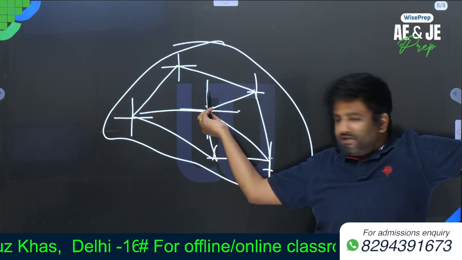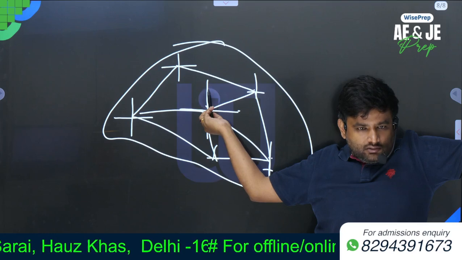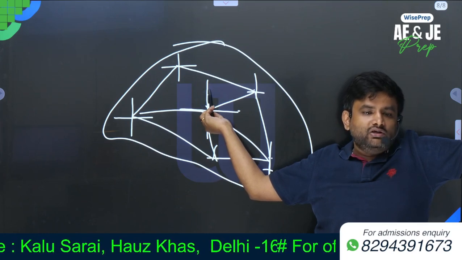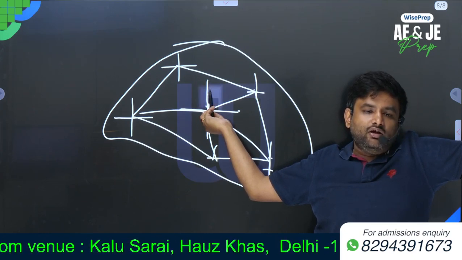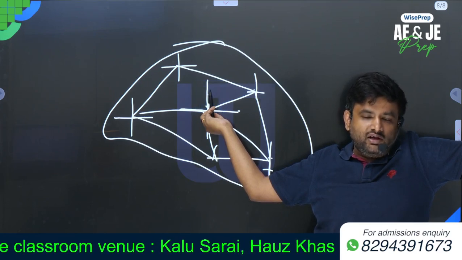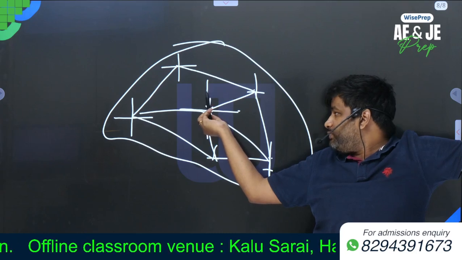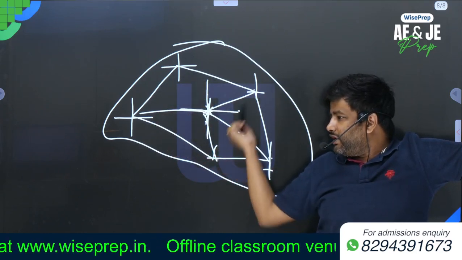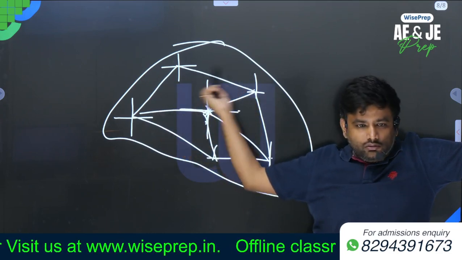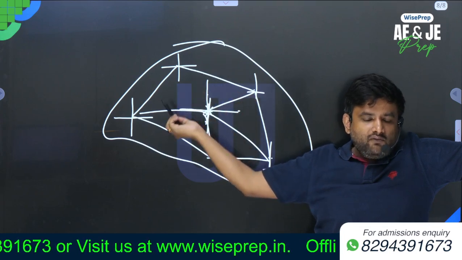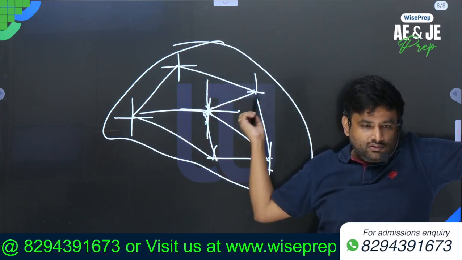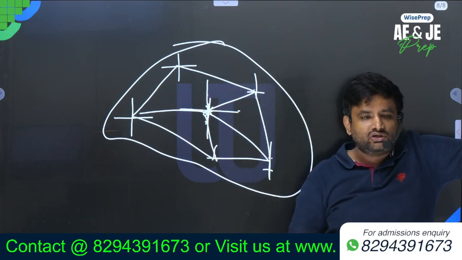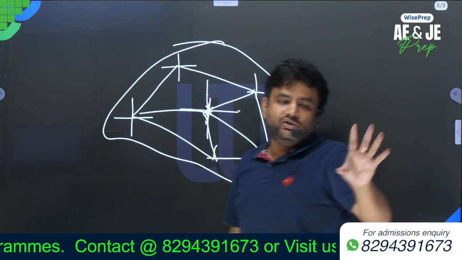When we take this meridian as a reference meridian, and that reference meridian is a true meridian passing through the central area of the survey, then with respect to this meridian all other meridians are drawn parallel to each other, and when we connect these meridians with each other, it forms a grid-like structure, and that's known as grid meridian.